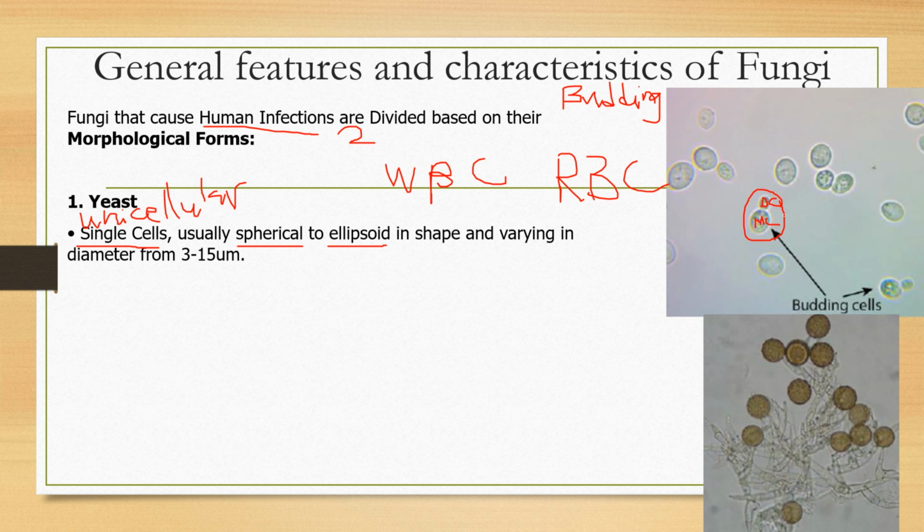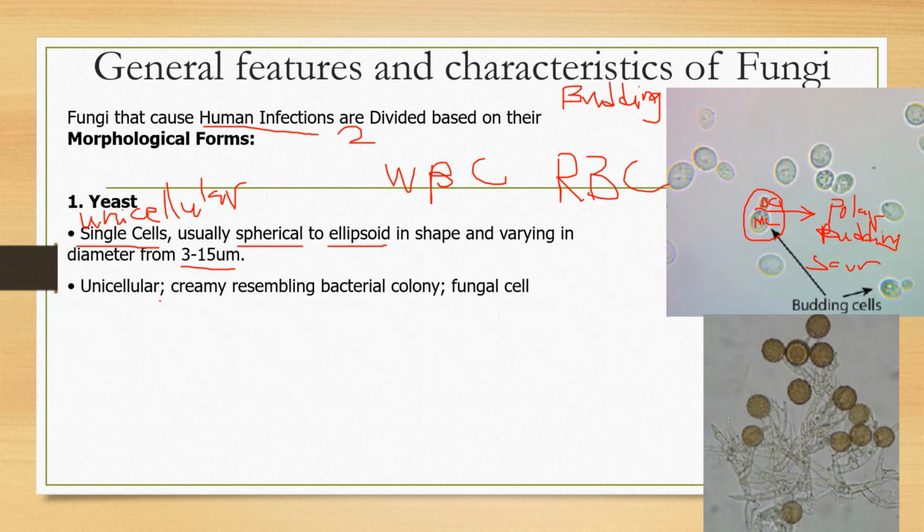They would produce a daughter cell, and between this line, there would be a so-called polar budding scar. They are very small, with a diameter of 3 to 15 micrometers. Unicellular, and when you grow them on a media, if you want to see their colony, yeast colonies are typically creamy, resembling bacterial colonies.